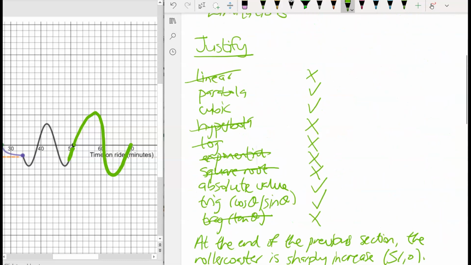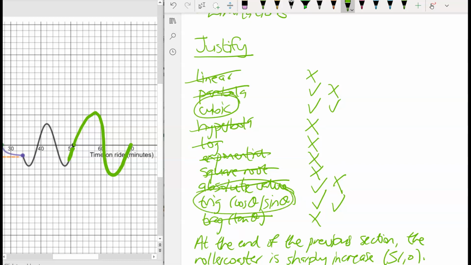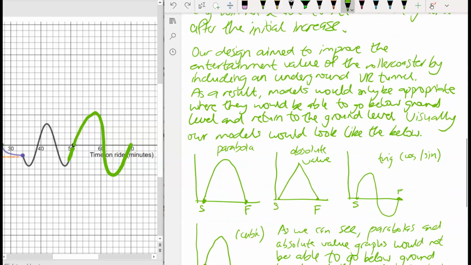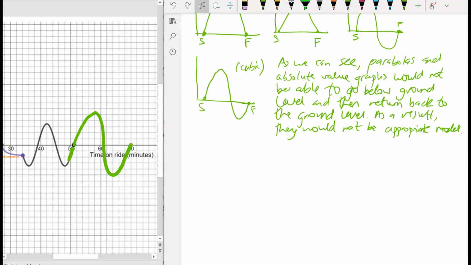If we go back up to our initial list, cubics are still good, and trig graphs still good. So we're going to cross out absolute value, we're going to cross out parabola, and we're now basically left to decide, well, which one is going to be a better representation of the functionality of the model that we're trying to look for.